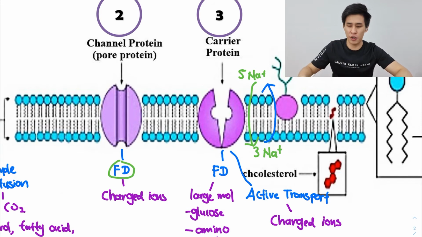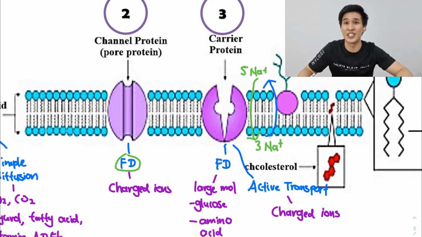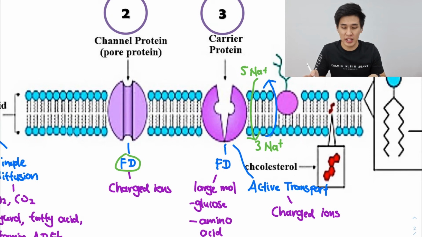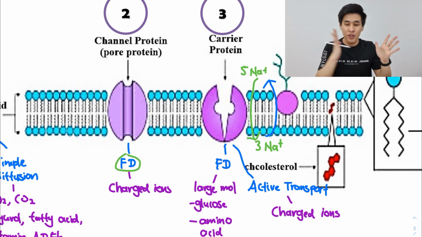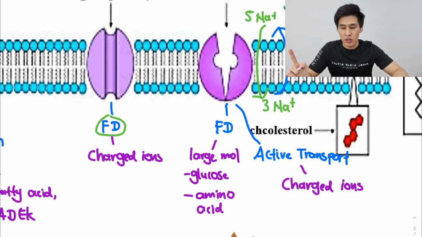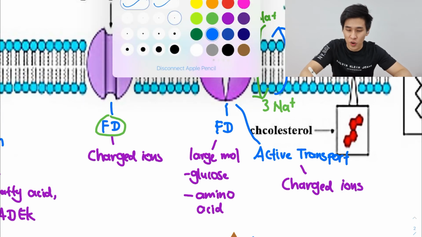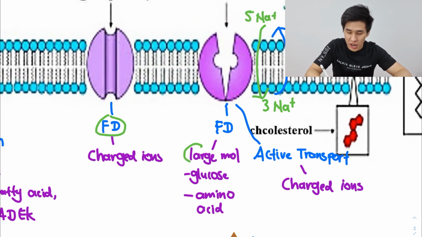And also a second very common question is, look at the facilitated diffusion. They are the same transport, but it carries different substances at different parts. So ions and large molecules you cannot mix up, because when we see facilitated at the carrier protein, it's actually only for large molecules, not for ions.